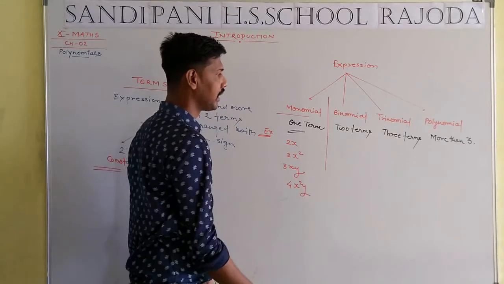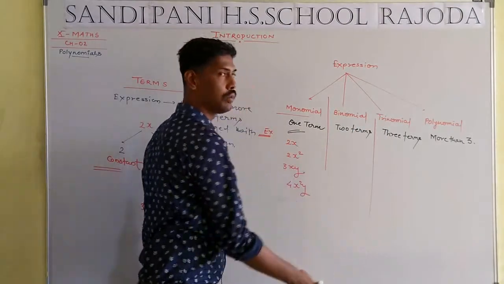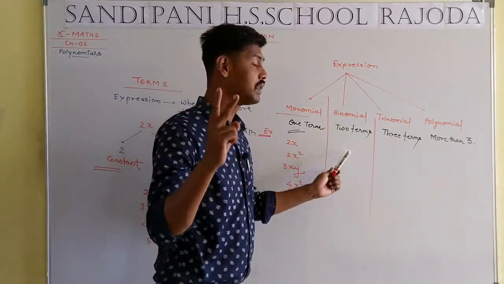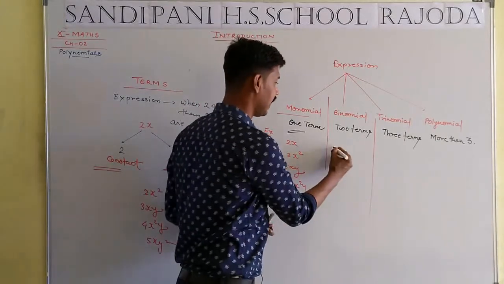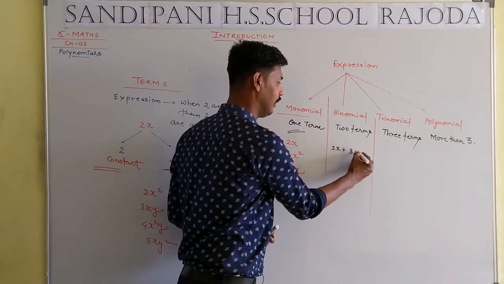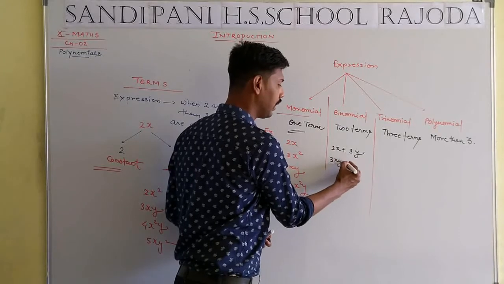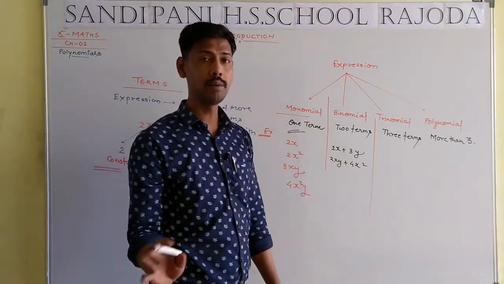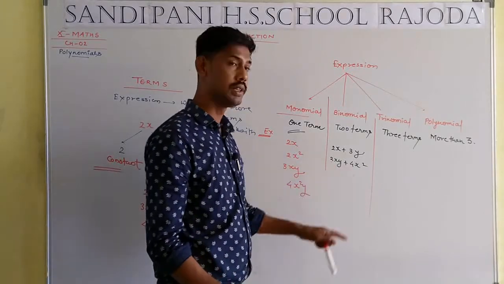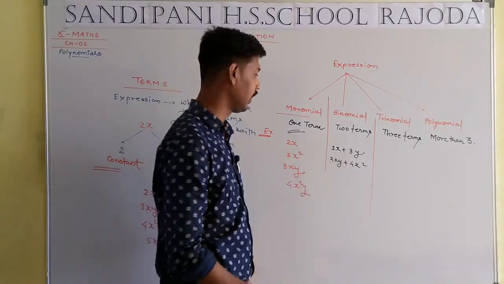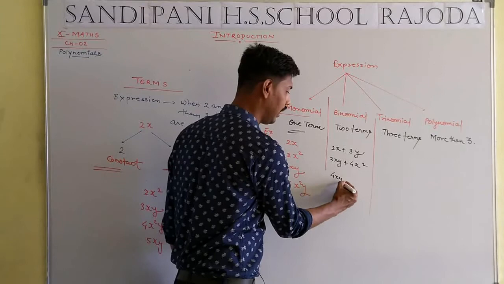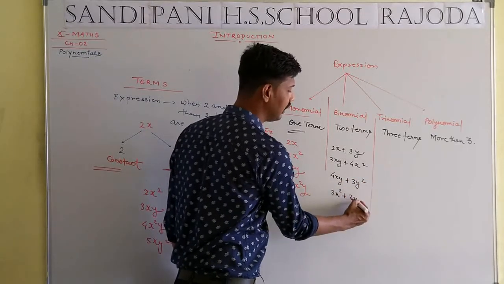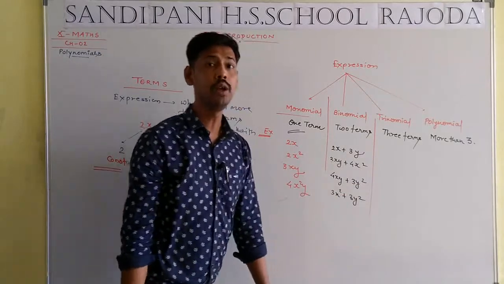In the case of a binomial, two terms are compulsory, just like 2x plus 3y, 3xy plus 4x square, 4xy plus 3y square, 3x square plus 3y square. Both are examples of binomial.